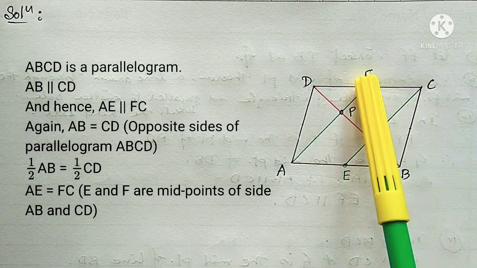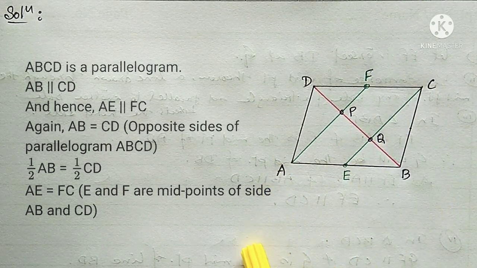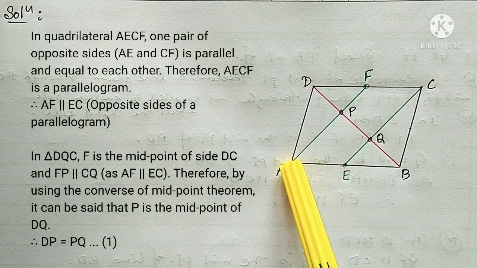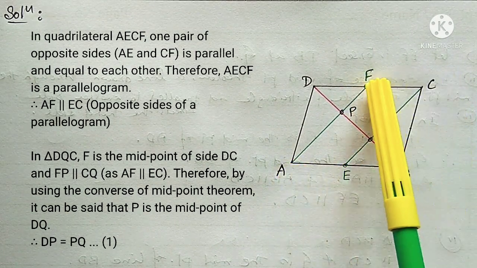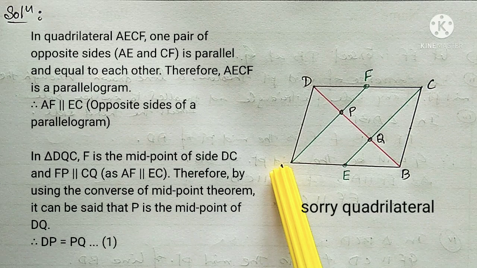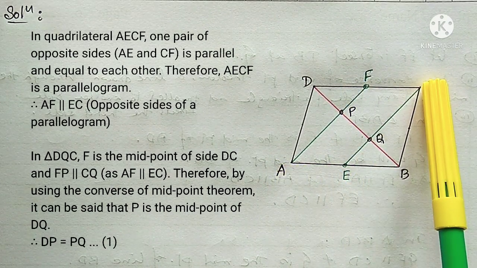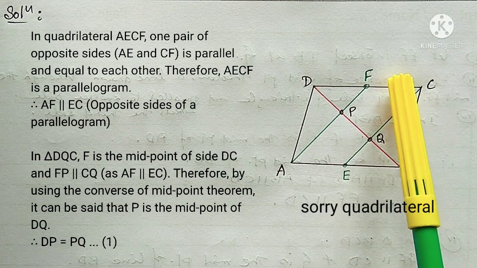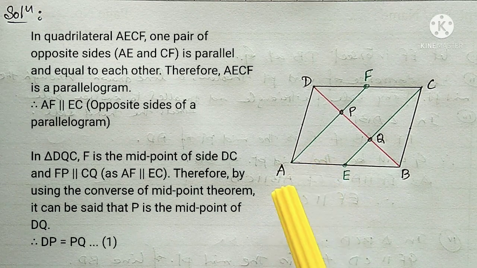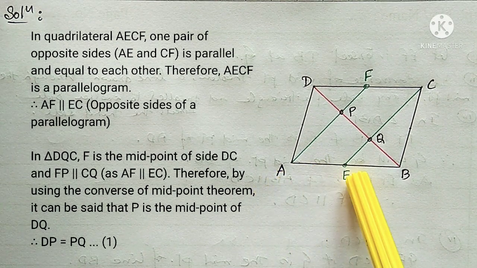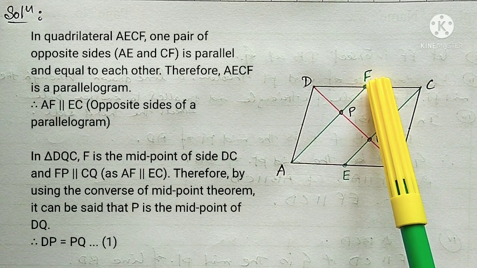AE parallel to FC, as well as AE equal to FC. Now if we consider this quadrilateral AECF, in it we already proved AE parallel to FC as well as AE equal to FC. So obviously if opposite sides are parallel and equal, then it is a parallelogram. So we write AECF is a parallelogram.